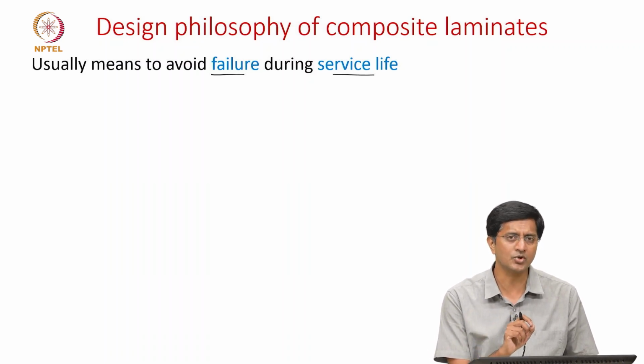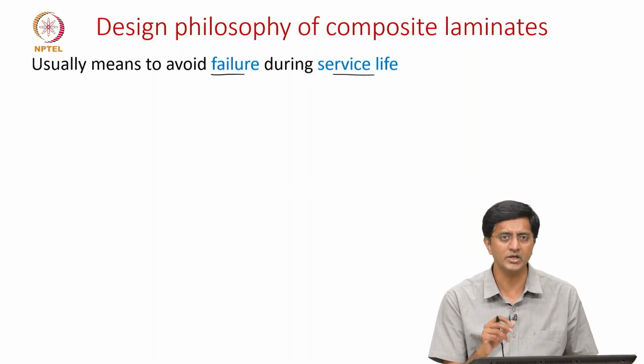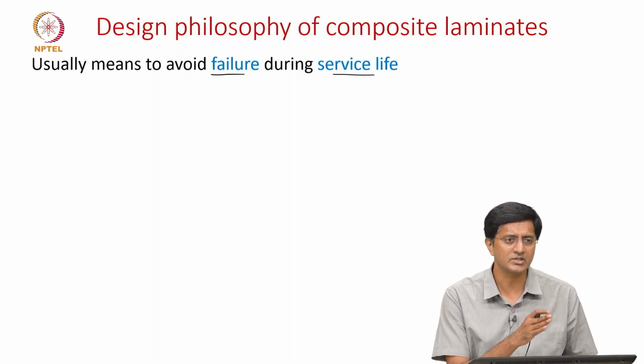But when it comes to composites, they are not that brittle materials, meaning we cannot go by the yield criteria. Similarly, we cannot consider composite materials as purely brittle either, because depending on the matrix material you have chosen, and maybe with some of these fibers, there is a little bit of ductility as well.